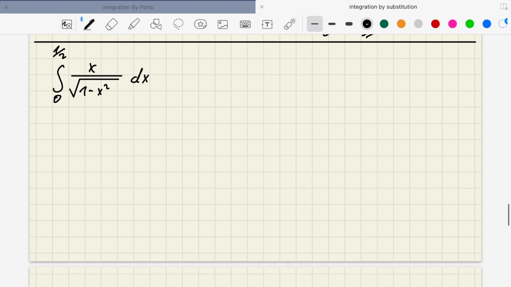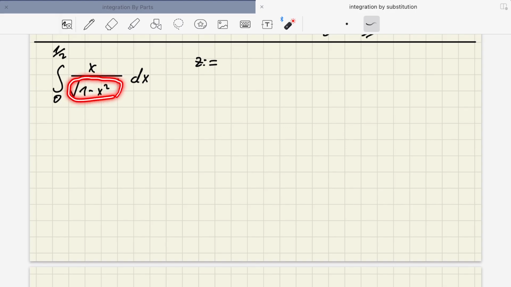Again, first step, identifying what to substitute. And you see this term, if you differentiate it, you get something like minus 2x, and minus 2 is just a constant factor, so you can go for the whole term with the square root.